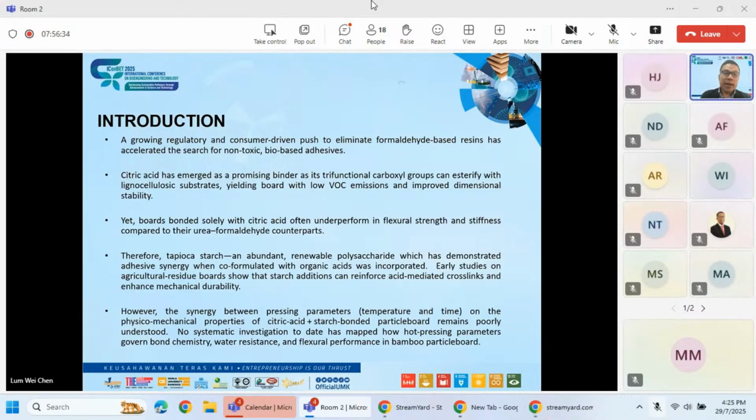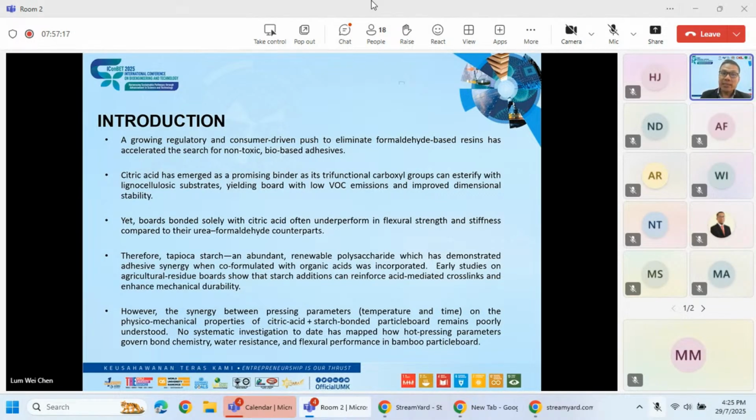In order to achieve that, we can substitute the petroleum-based adhesive with citric acid as the binder. Citric acid is considered a promising binder because of its trifunctional carboxyl functional group, which can esterify to form an ester bond with lignocellulosic substrates, yielding very low formaldehyde emissions, but also improved dimensional stability.